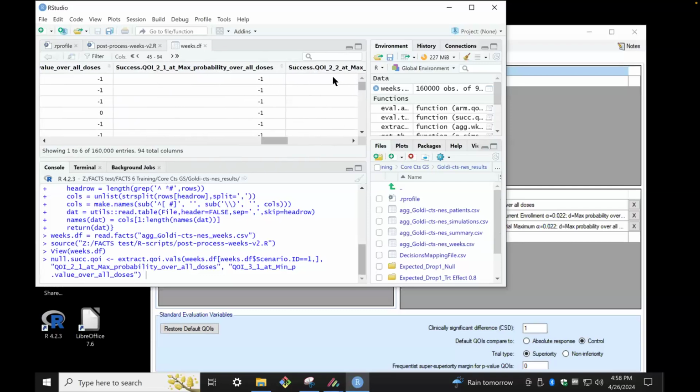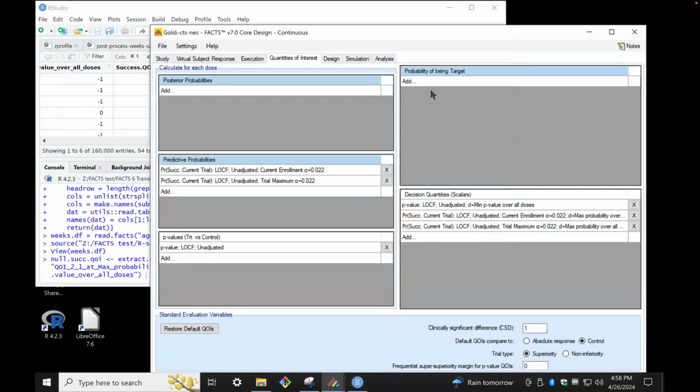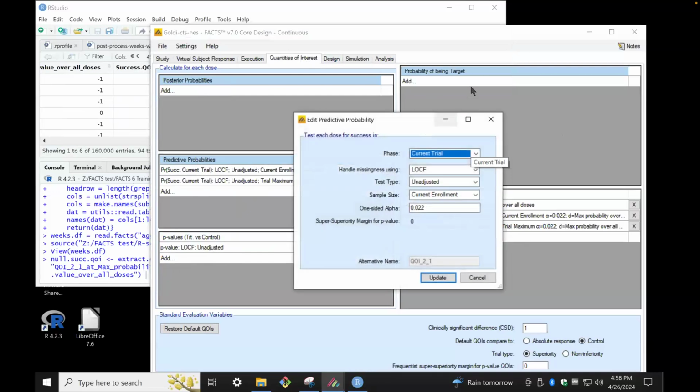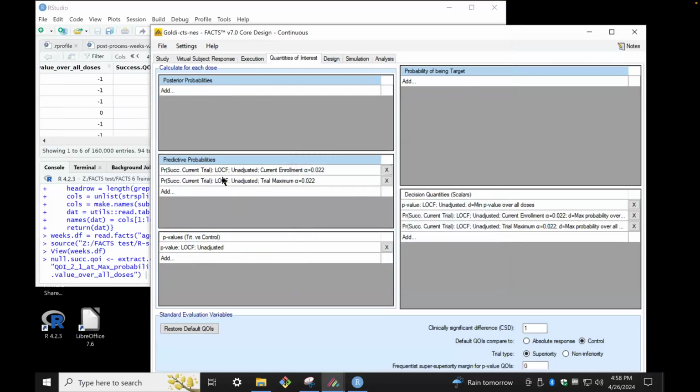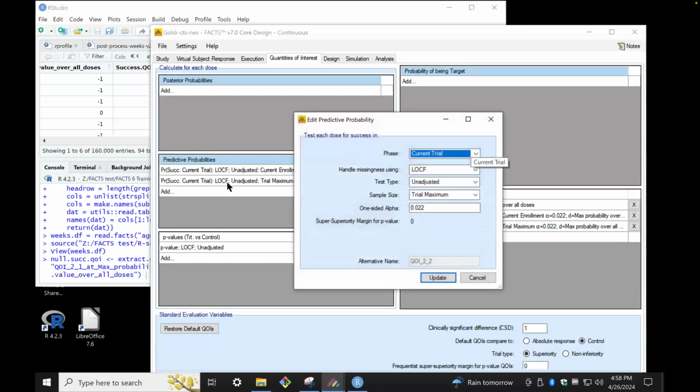The first number tells us what type of quantity of interest it is. Type 1 are the posterior probabilities, type 2 predictive, type 3 p-values. And then number 1 is the current enrollment, so that's the stopping for success. And quantity of interest 2 is the predicted probability at trial maximum, which we use for stopping for futility.